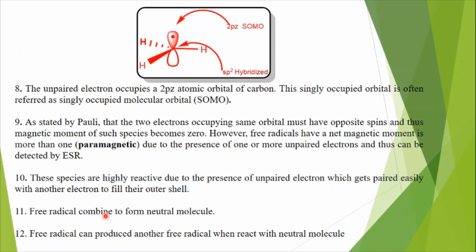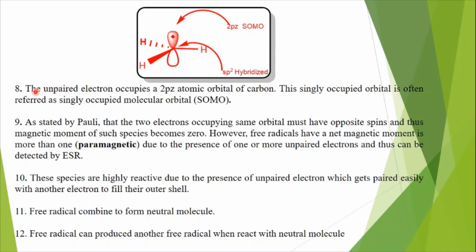Next point is this methyl radical having a half filled orbital, and the unpaired electron is present in one of the orbitals, and the name of that orbital is the 2pz orbital, and that 2pz orbital is sometimes called SOMO, meaning singly occupied molecular orbital, and this carbon is sp2 hybridized.